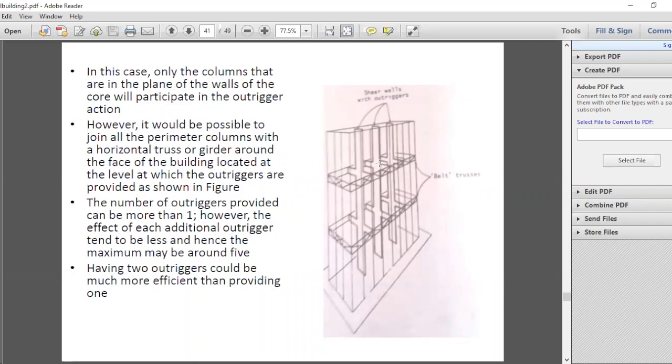Otherwise, it would be just a floor lost. The reason is the height of an outrigger beam can be about floor to floor height, something like 3 to 4 meters. So it's a very deep beam, but it can be very effective in controlling the deformation of the structure.